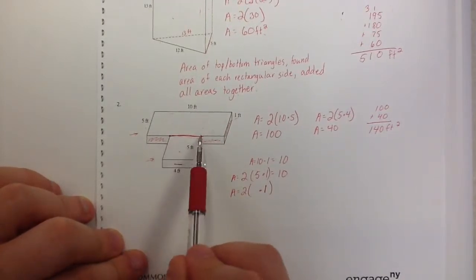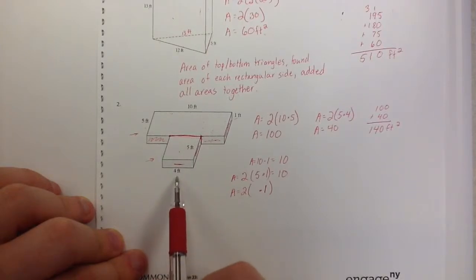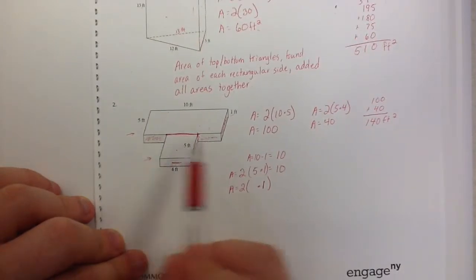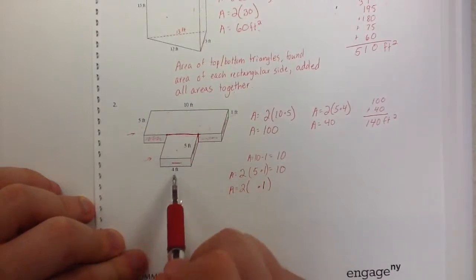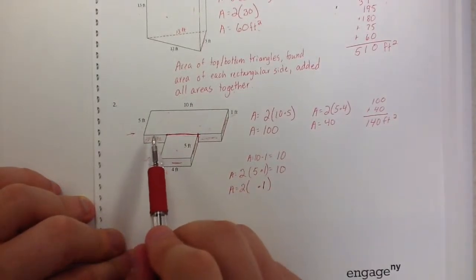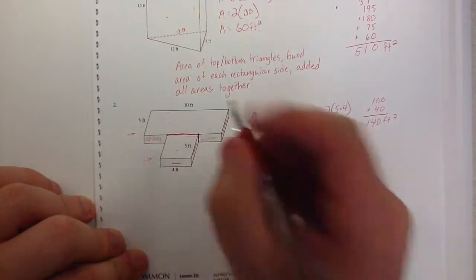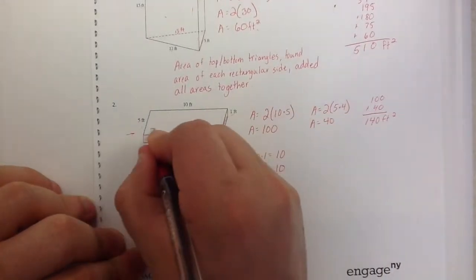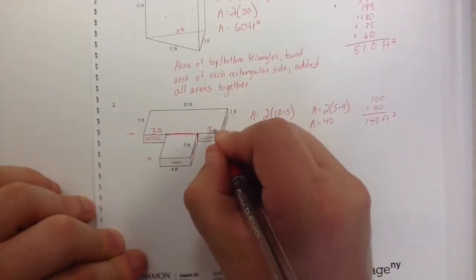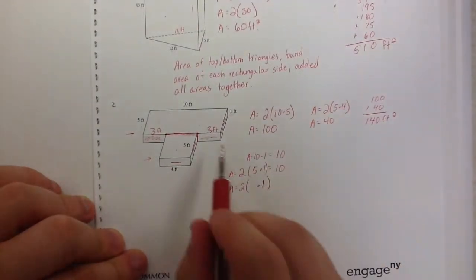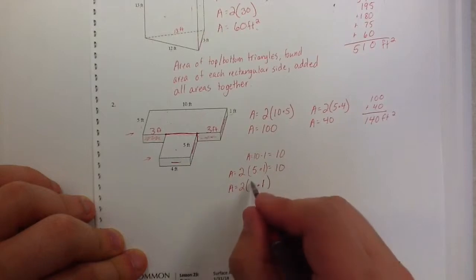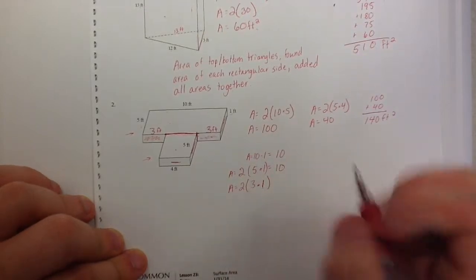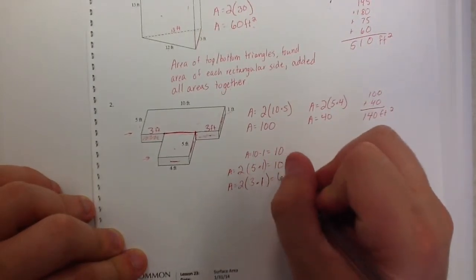We know that from here to here is 4, that's labeled, and these two appear to be the same size. So if we take 10 and subtract our 4, we're left with 6. 6 divided by 2, each of these could be labeled 3 feet. So we already have the 1, this rectangle right here, our length is 3. 3 times 1 is 3 times 2 equals 6.